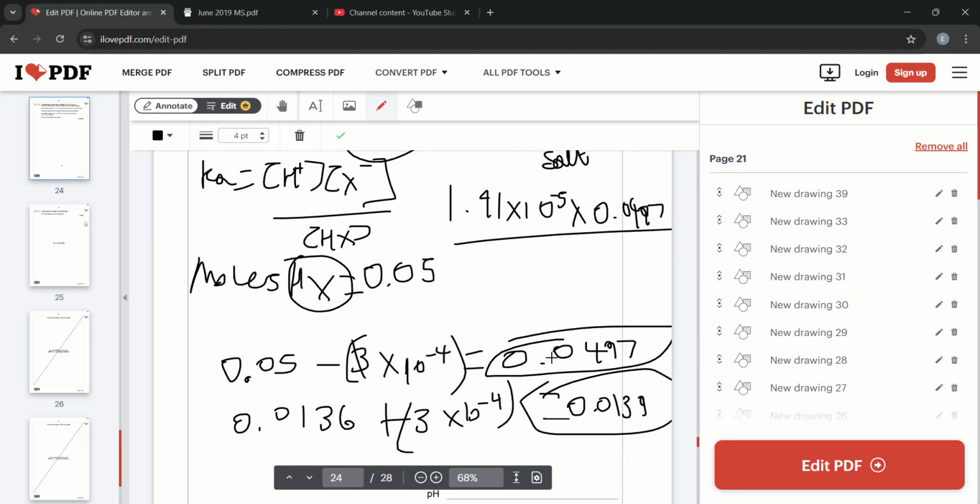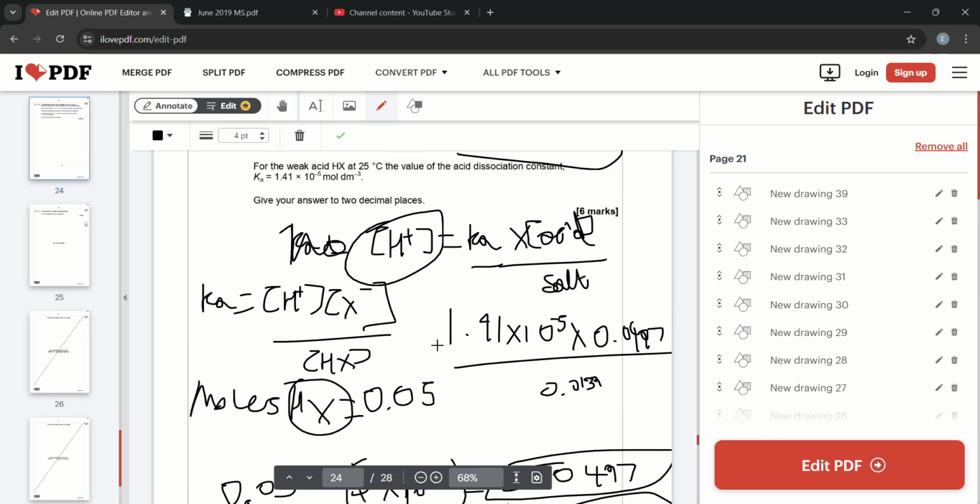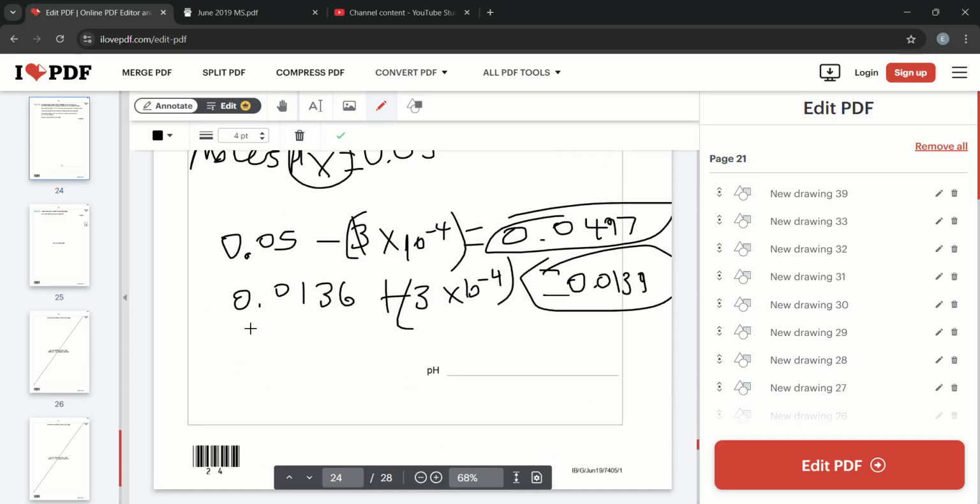And the other one we have is the salt. And what would this give us? Well, this will give us H plus. Once we put this in the calculator, 0.0497 divided by 0.0139, you get H plus equals 5.04 times 10 to the power minus 5.